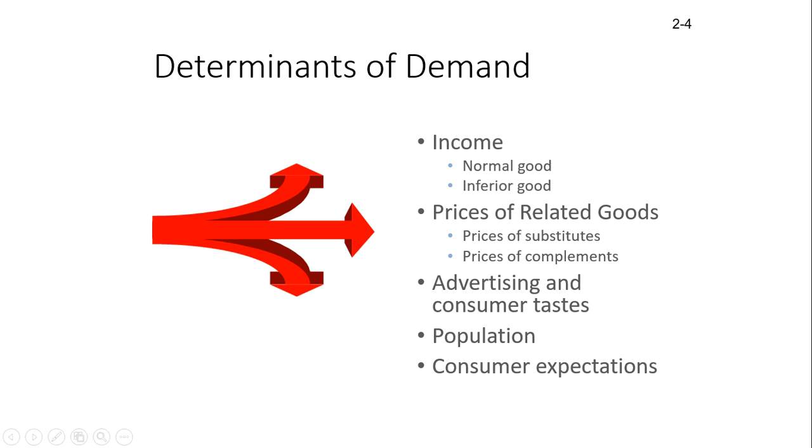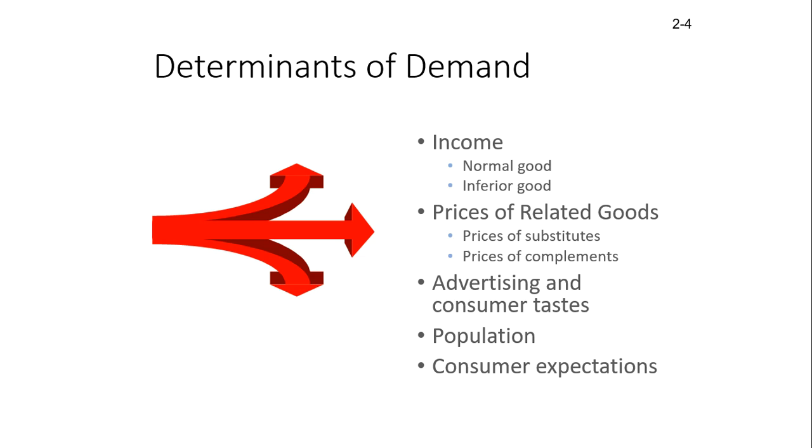All right. The next thing is price of related goods. All right. So I have explained that we have substitutes, and we also have complements.